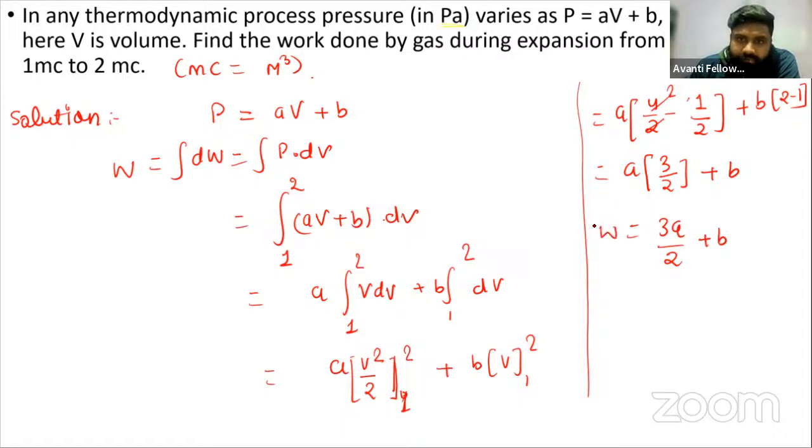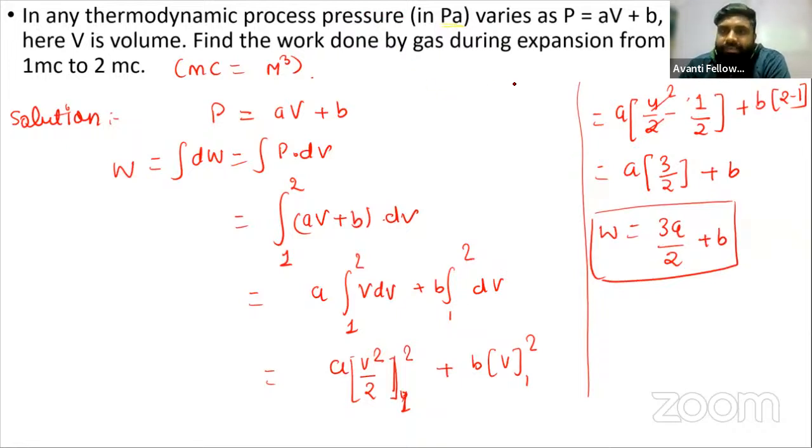This is the work done by the gas during expansion from 1 meter cube to 2 meter cube. Now this is the expansion, meaning work is done by the gas, and the gas is our system. So in that case, this work done will be considered positive. Positive work done.